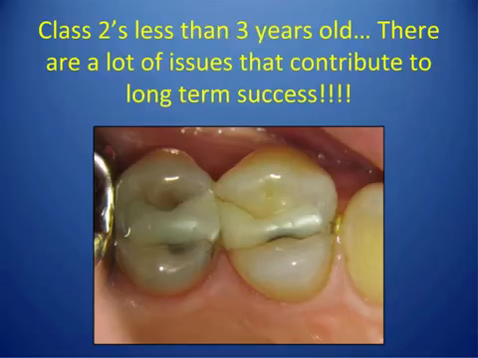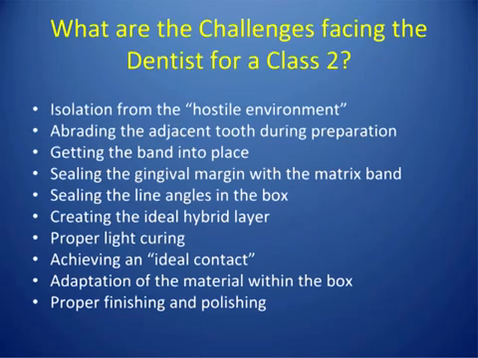And as we know, this challenge list can be very long. We have isolation issues. We have the issue of abrading adjacent natural teeth while we prepare. How easily we're able to get the band in place, again, without bending or kinking the bands. How well we can seal not only the gingival margins, but the line angles of our proximal boxes so that we can reduce the amount of flash and excess composite we have on tooth structure.